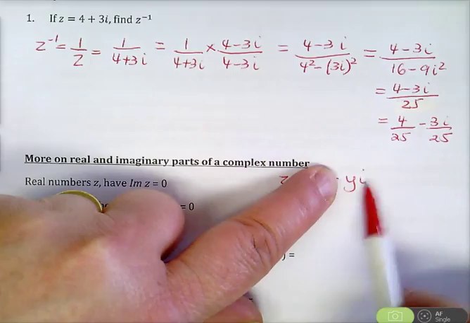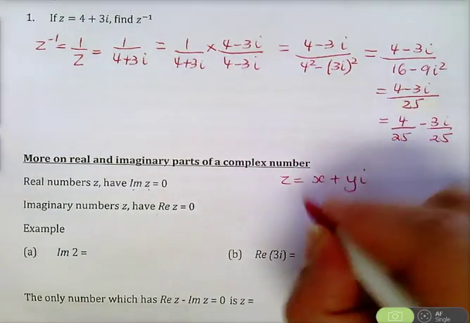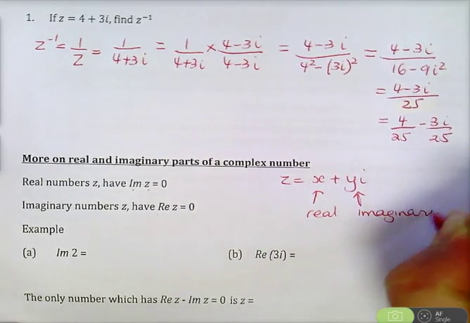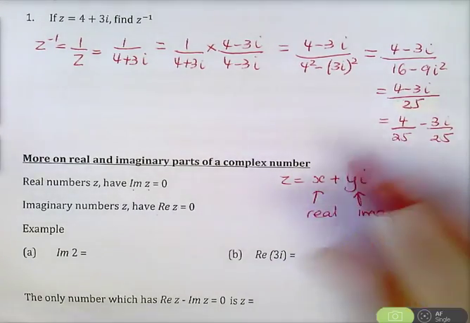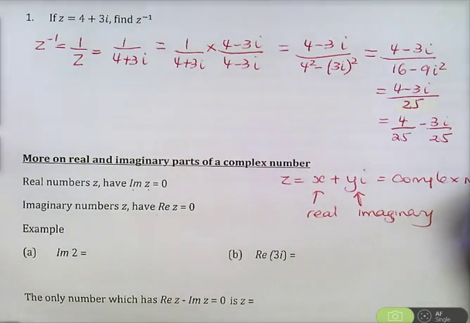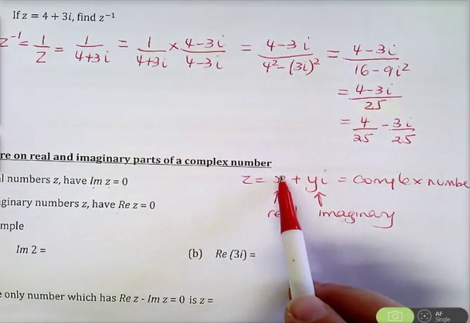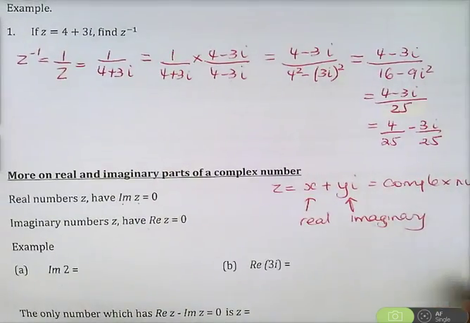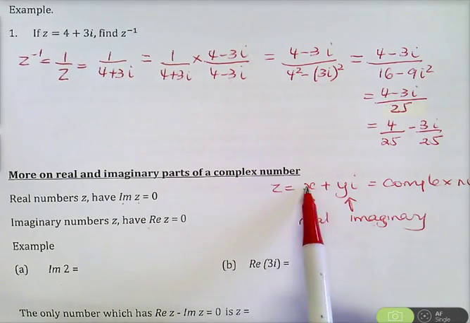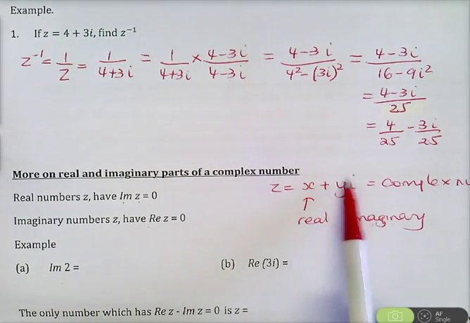The yi bit is the imaginary bit. So this bit's real, this bit's imaginary, but together a real and an imaginary bit make up a complex number. So if I have only the imaginary part, then the real part must be 0. That's what this is saying. So if I just have an imaginary number, then the real part's 0. If I have a real number only, then the y, the imaginary part, is 0.